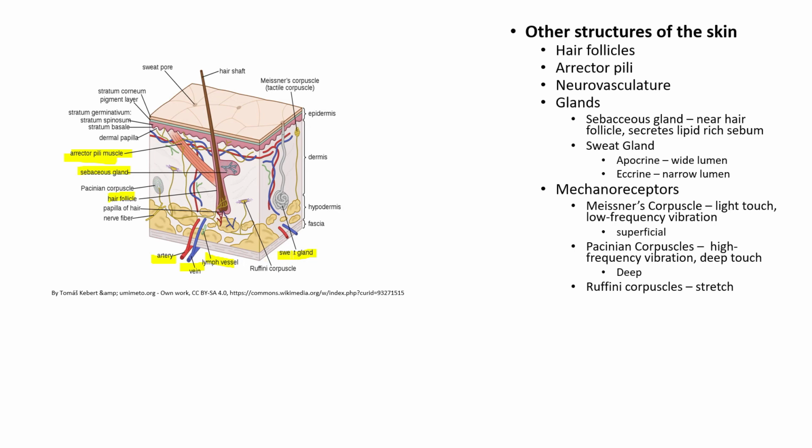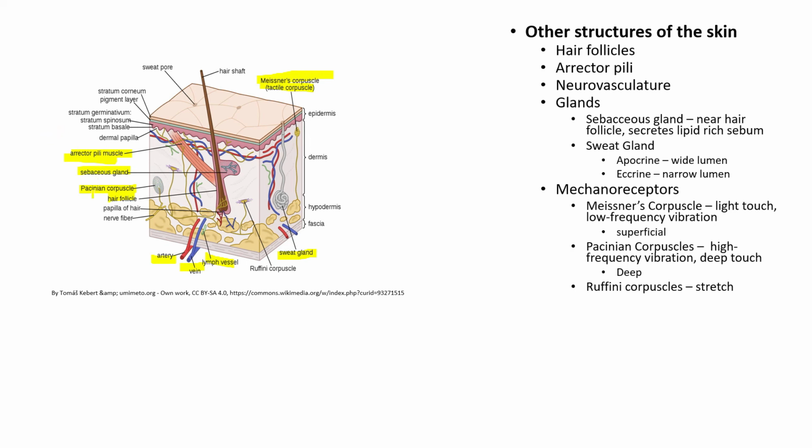And sweat glands are going to be divided into two types: the apocrine or eccrine sweat glands. We also have mechanoreceptors. So we have these Meissner's corpuscles, which are involved in light touch and more superficial. We have Pacinian corpuscles, which are involved in deep touch or high frequency vibration.